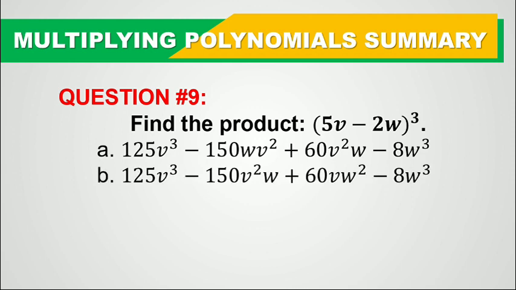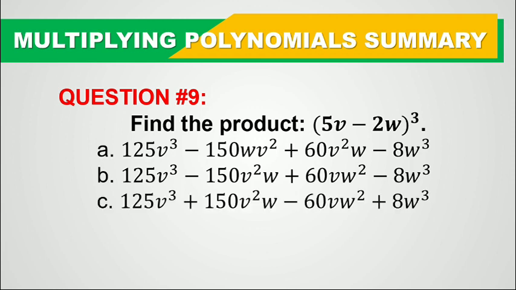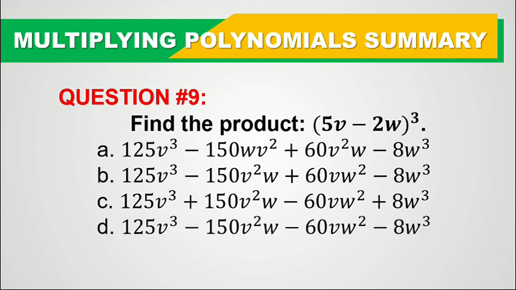Or letter B, 125v cubed minus 150v squared w plus 60v w squared minus 8w cubed? Or letter C, 125v cubed plus 150v squared w minus 60v w squared plus 8w cubed? Or letter D, 125v cubed minus 150v squared w minus 60v w squared minus 8w cubed? Quite a tongue twister. What is your answer?